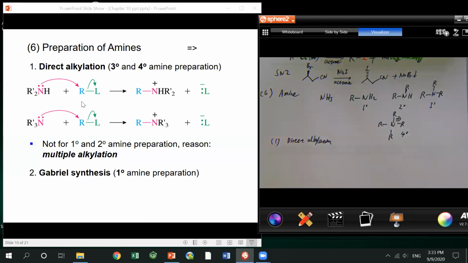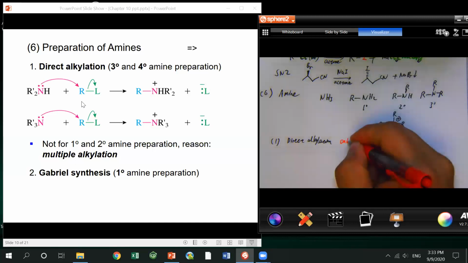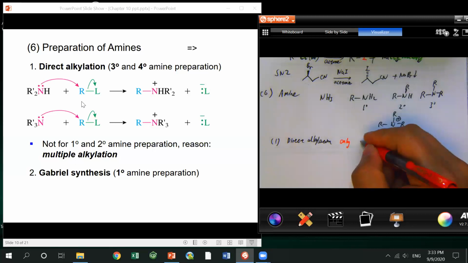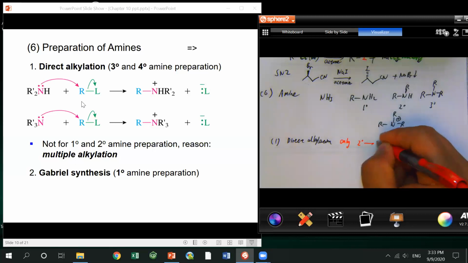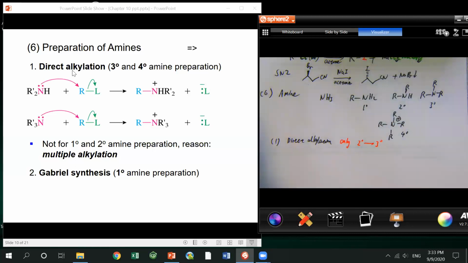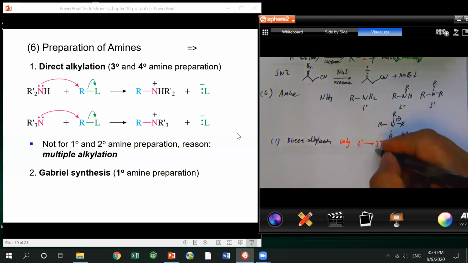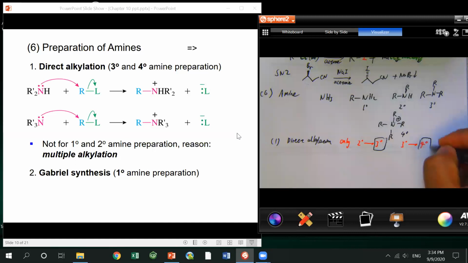Keep in mind, you can only prepare tertiary amine from secondary amine, and quaternary amine from tertiary amine. You cannot use it to prepare primary or secondary amines, only tertiary and quaternary.